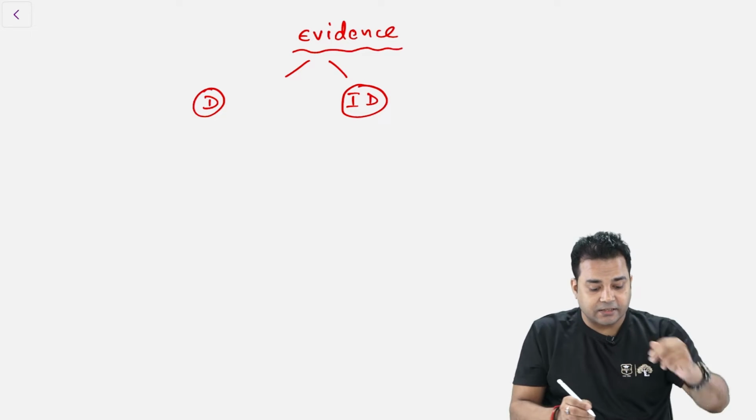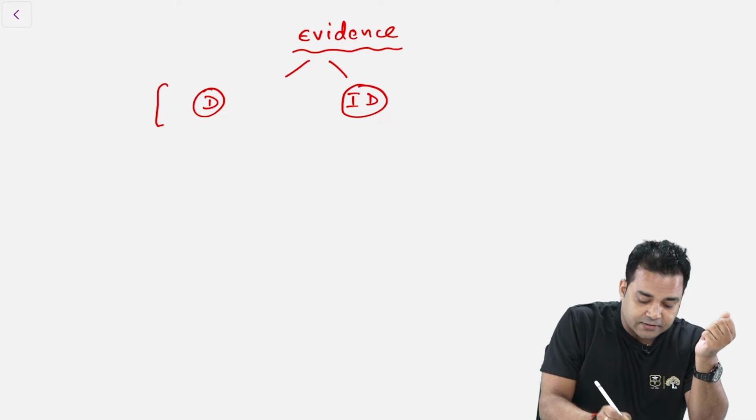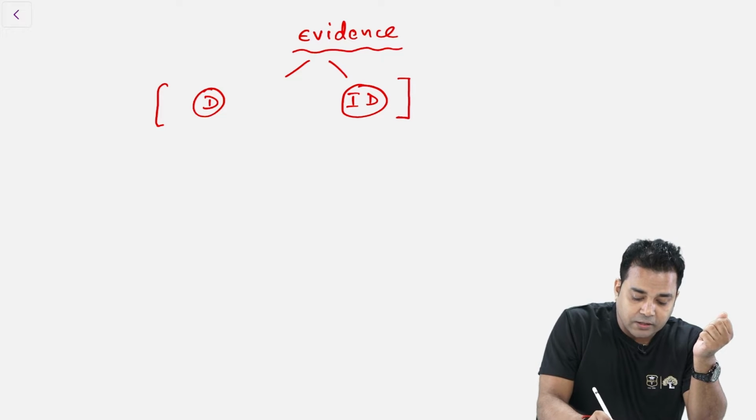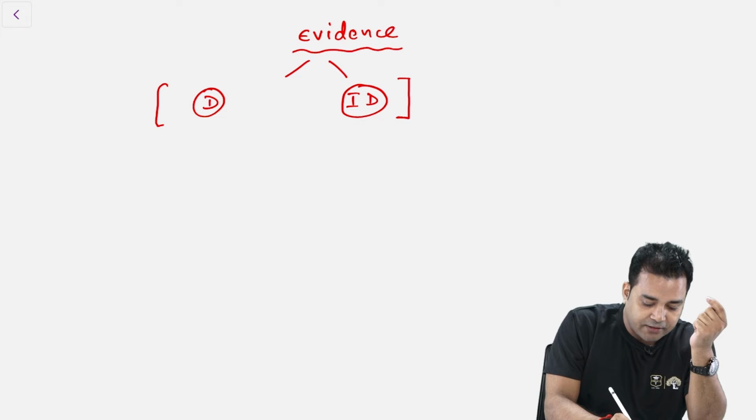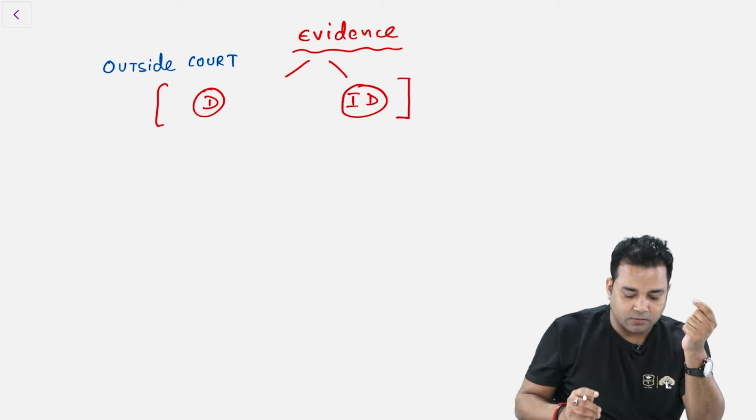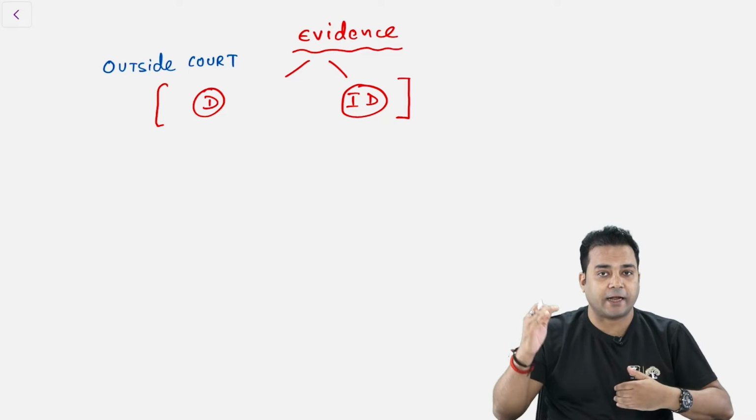And these evidences, direct and indirect, are usually acquired by witnesses outside courts. So I can write, yes, these evidences are acquired outside courtroom during the process of the crime.